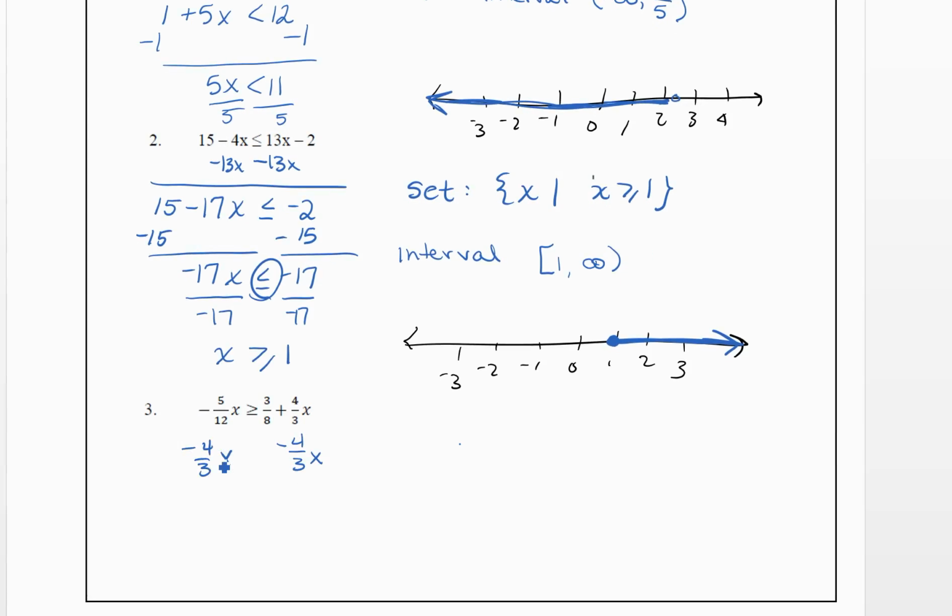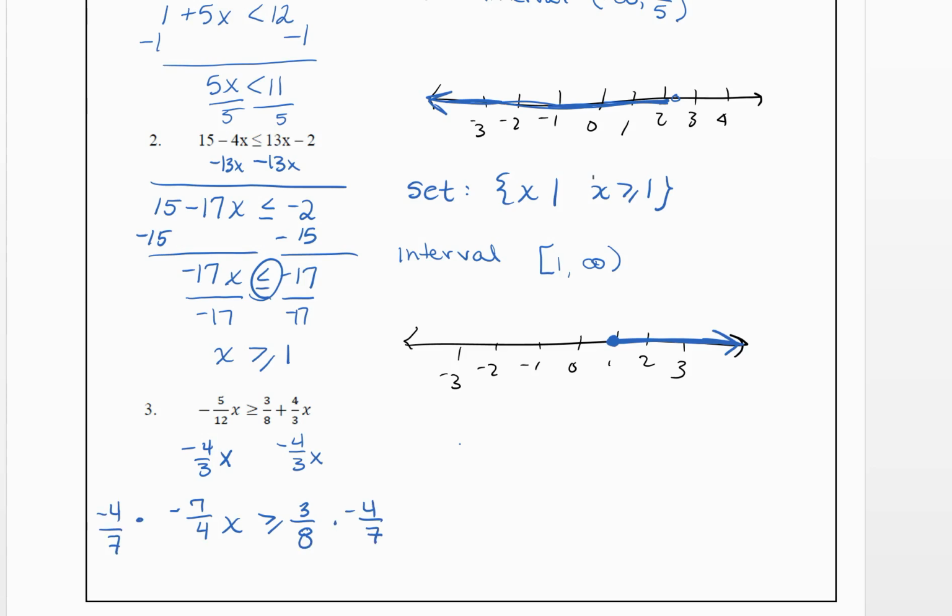So if you do negative 5/12 and subtract 4/3 in your calculator and hit math fraction to make it a fraction, you get negative 7/4 x is greater than or equal to 3/8. Now we would divide by negative 7/4. You can also multiply by the reciprocal, so negative 4/7, both sides.